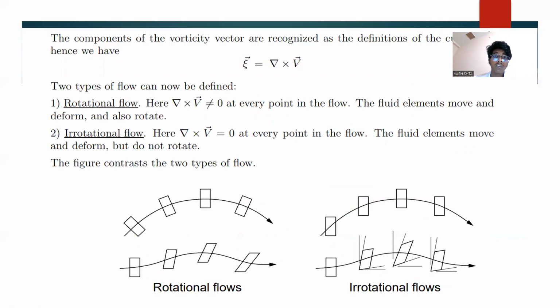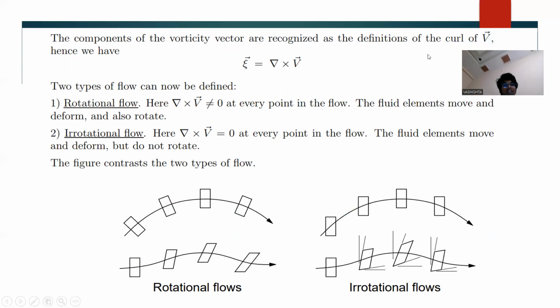The components of the vorticity vector are recognized as the definition of curl of V. Hence, the vorticity vector is equal to del cross V. Two types of flows can be defined: rotational flow and irrotational flow. In rotational flow, del cross V is not equal to zero at every point in the flow.